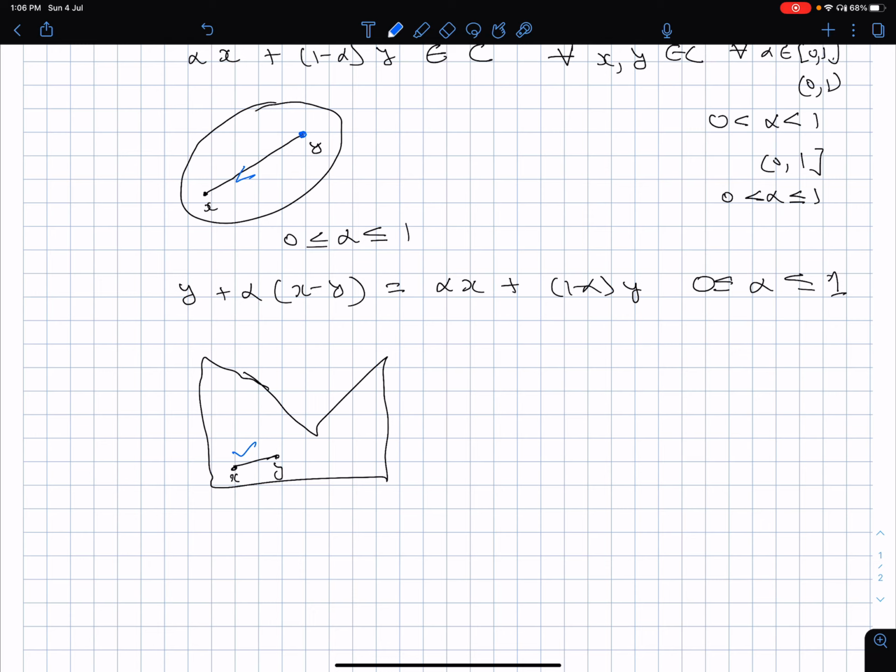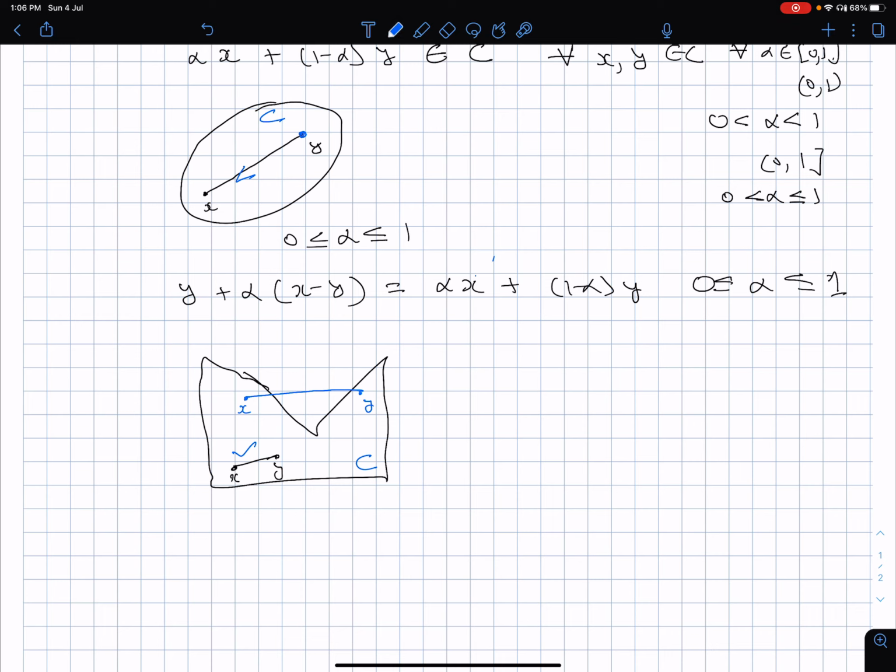Both x and y endpoints are in the set C, and the line segment belongs to set C. But this is not true for every line segment with the endpoints in set C. For example, if I take x and y here, where the endpoints are again in set C, and I draw a line segment, then this part is outside of the set C. So therefore, this set is not a convex set.